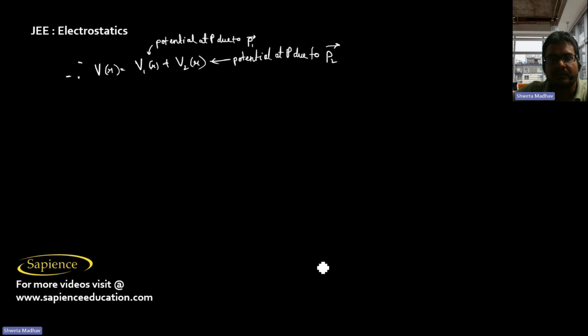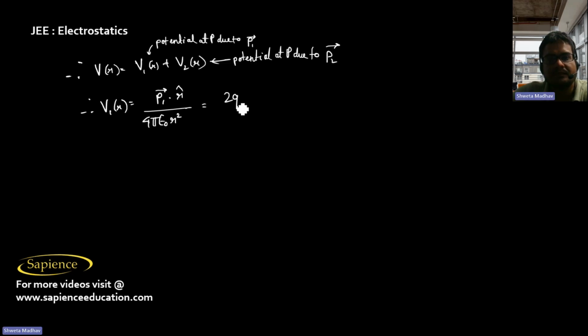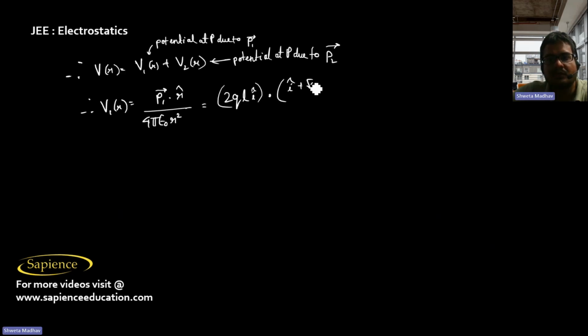So now V1 of R will be equal to P1 vector dot R cap by 4 pi epsilon naught into R square. So this will be equal to P1, that is 2QL I cap dot with I cap plus root 3 J cap by 2, by 4 pi epsilon naught R square.